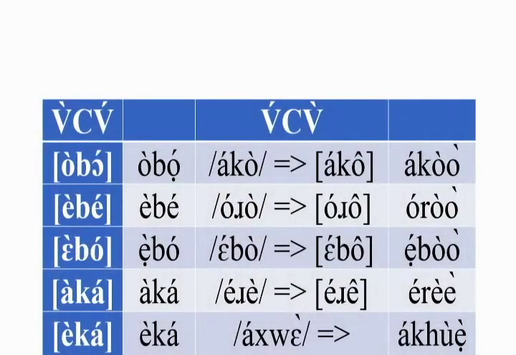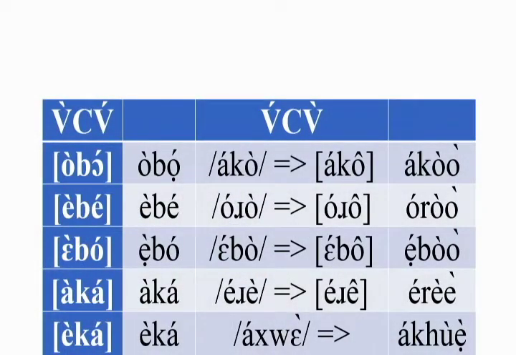Then the next set, you have the words low followed by a high tone in the disyllabic words, and then a high followed by a low tone. Let us take the low followed by a high tone first, and we have words like obo, ebe, ebo, aka, eka.